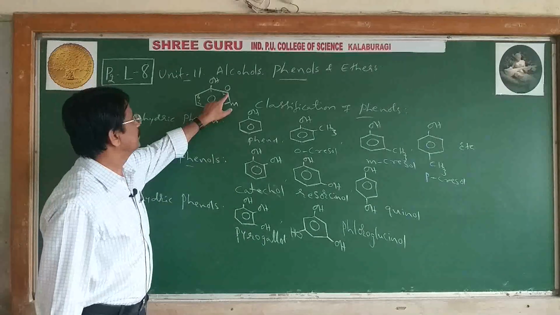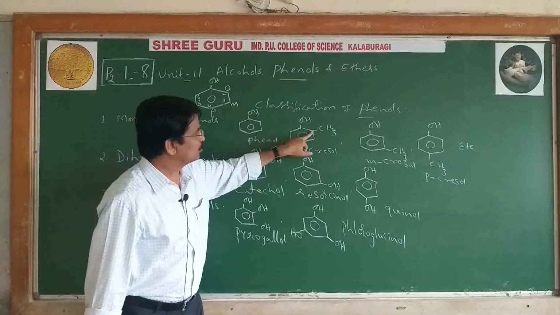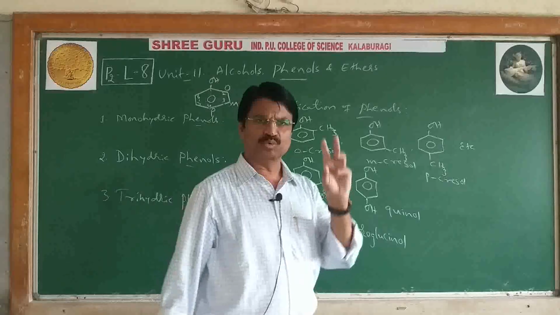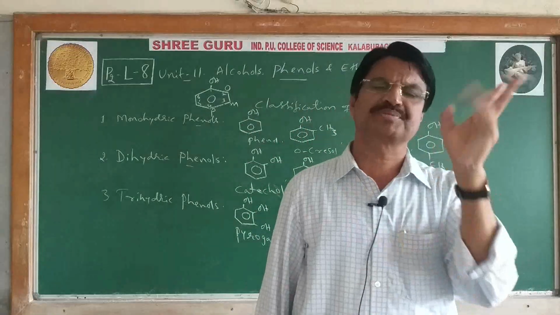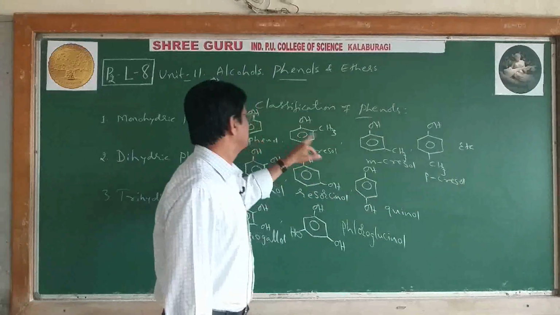That's why it is called o-cresol, m-cresol. If the benzene ring contains OH and CH3, two groups, that is called cresol.